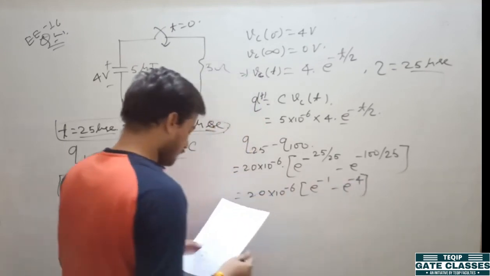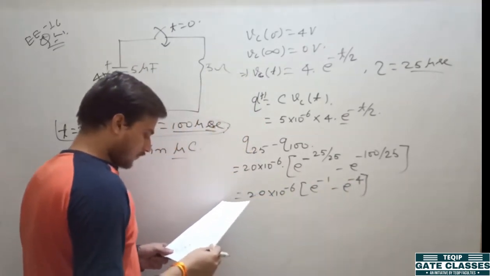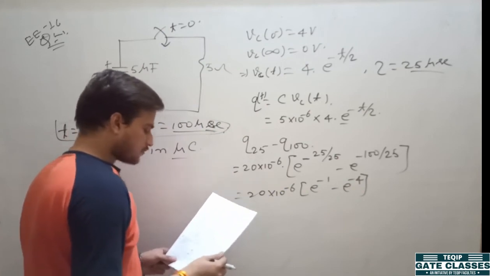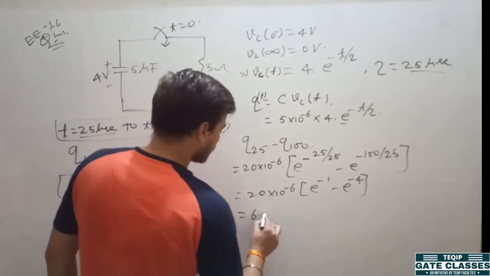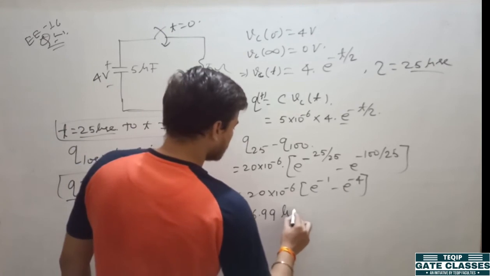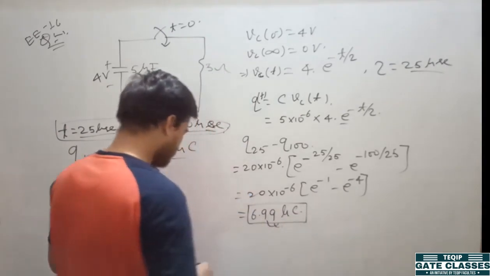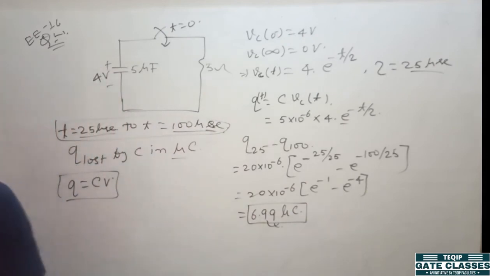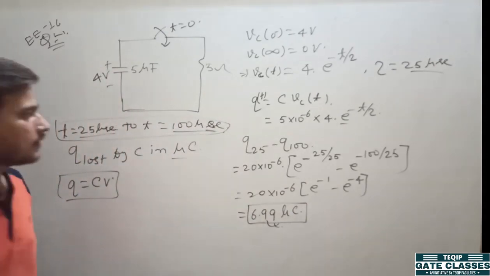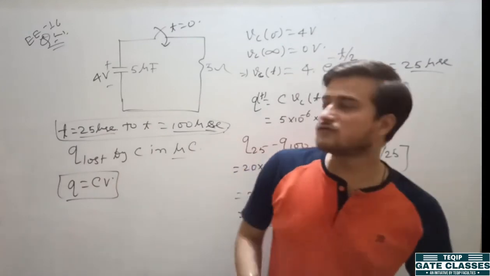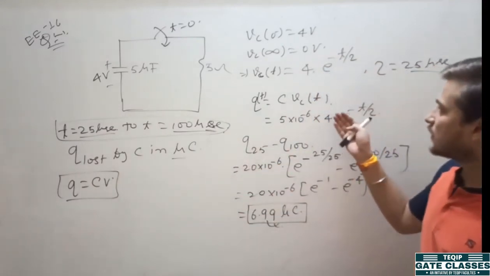From here the answer is coming 6.99 microcoulomb. Clear?